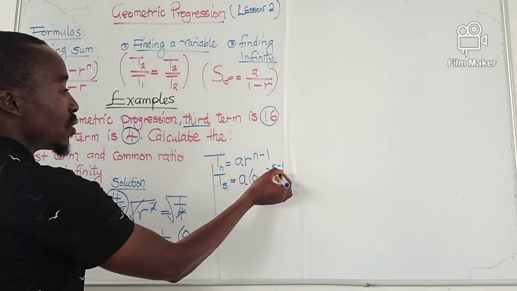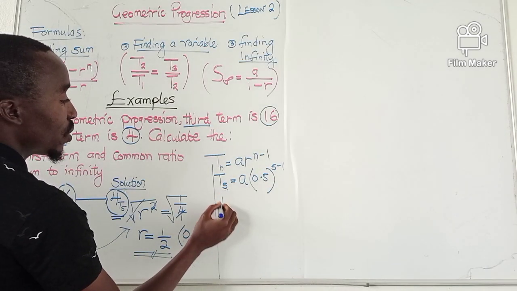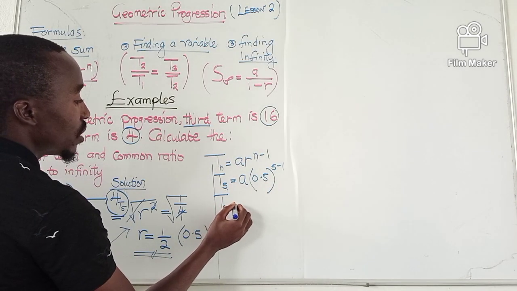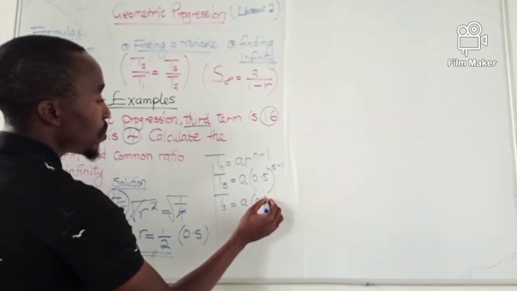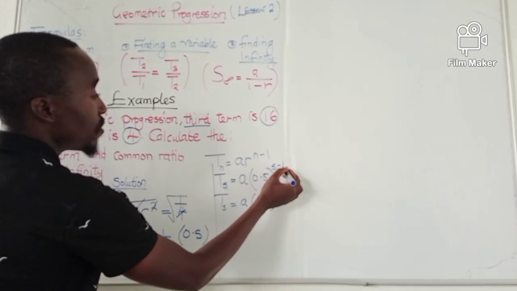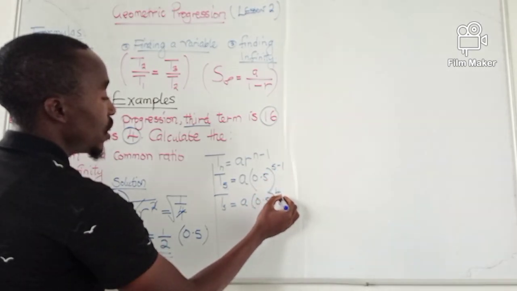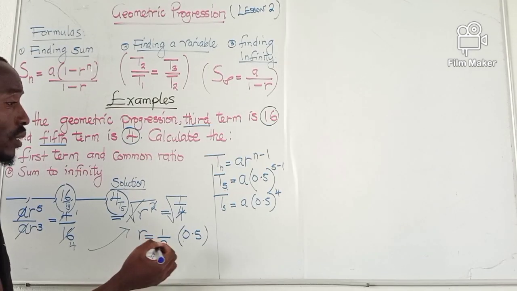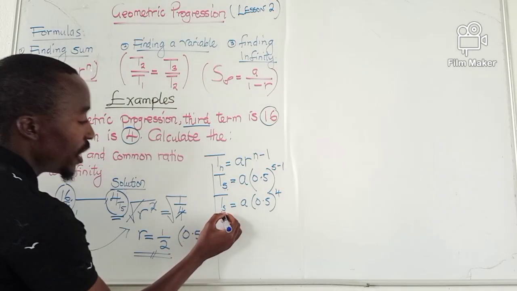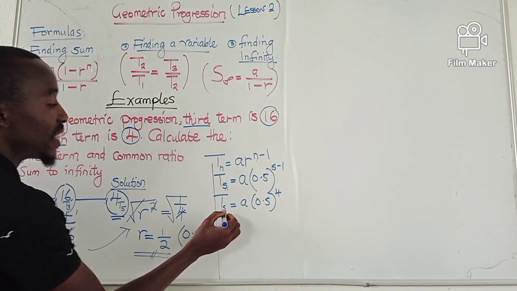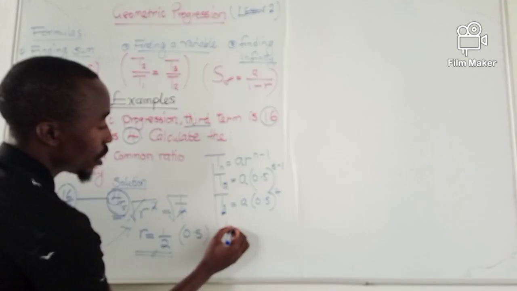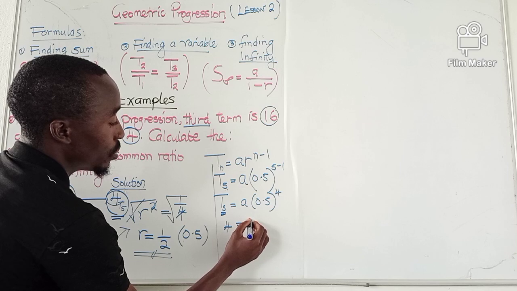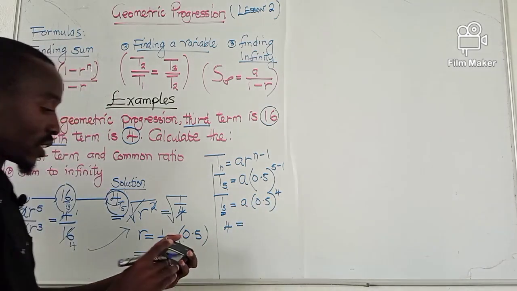So the fifth term is equal to A in brackets 0.5 to the power of 5 take away 1, which is 4. Our fifth term is 4. So we're going to say 4 is equal to, now we work out this.